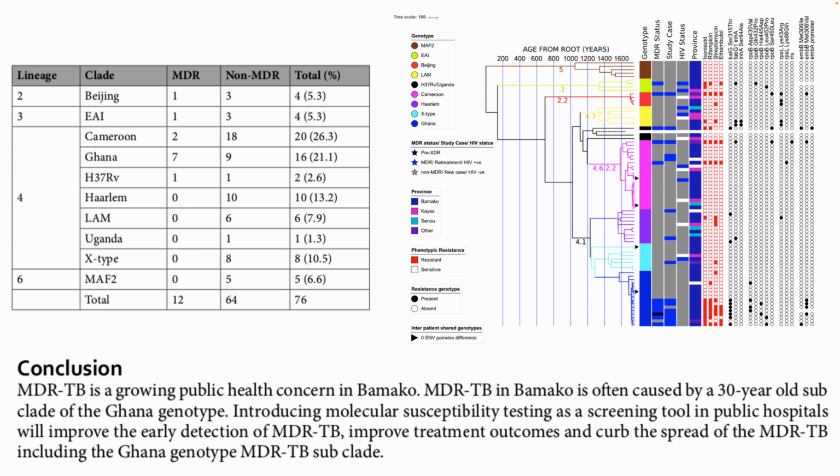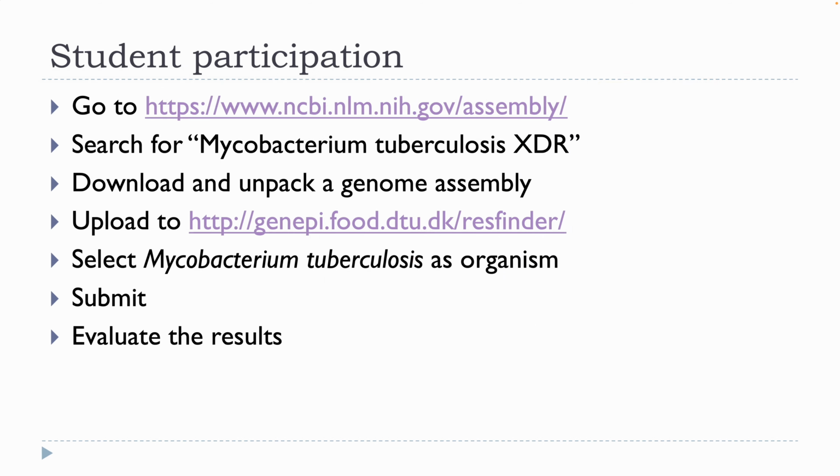So we've got a mixed picture here actually. It's not one thing. There is clearly sporadic emergence of resistance in individual lineages and clades, but there is at least one clade where you're still seeing that transmission.